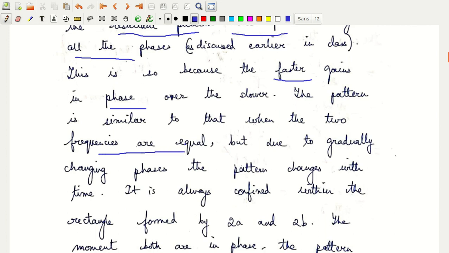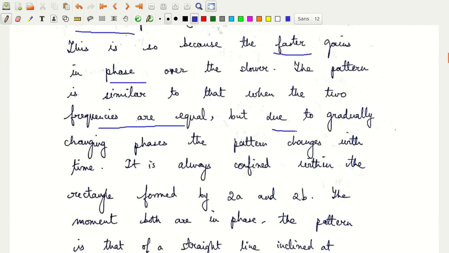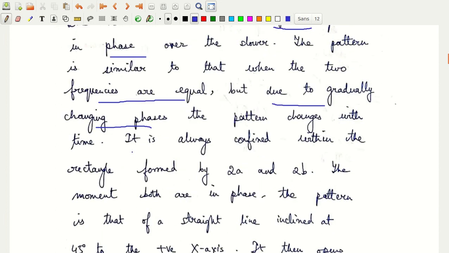However, due to the gradually changing phases, the pattern will constantly change with time. However, it will always remain confined within the rectangle formed by 2A and 2B.